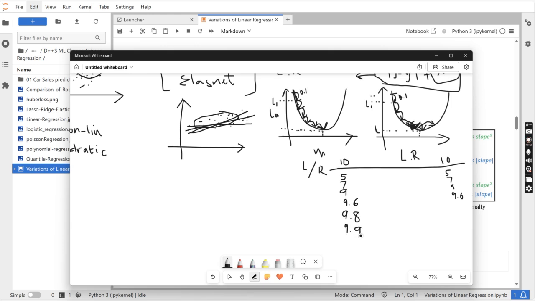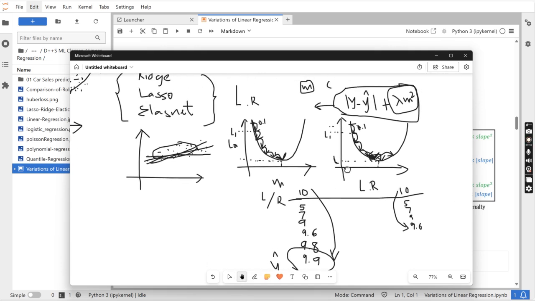Okay, this is how you are able to increase the y cap value and decrease the overall loss. 9.9 is closer to 10, more than 10 is closer to 9.6, correct? So basically you are just playing around with a little bit of mathematics here.